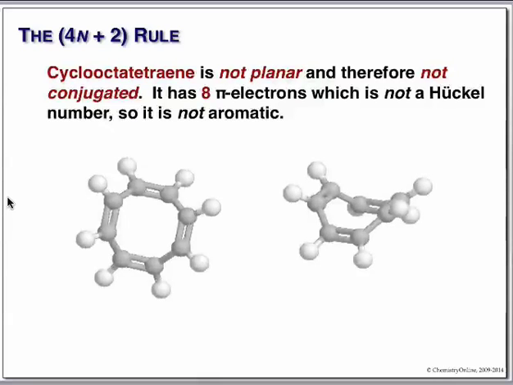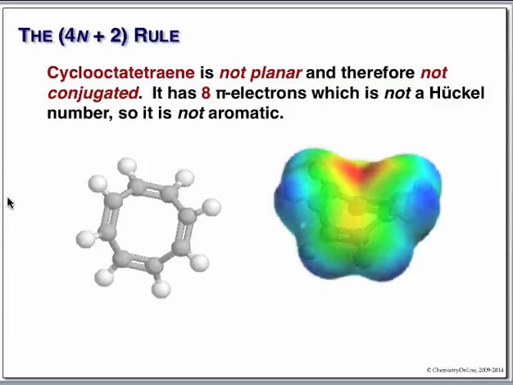It's not planar. We can't squish these guys out to make them flat, so it's kind of a basket case. The electrostatic potential map looks like this. We have electrons for all of the double bonds, but of course, because it's not planar, it cannot be aromatic.